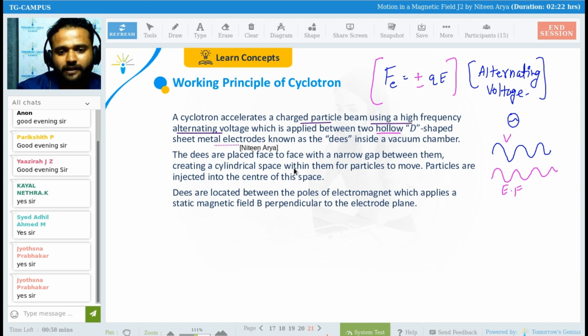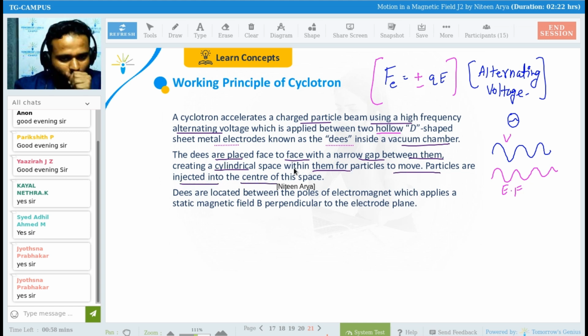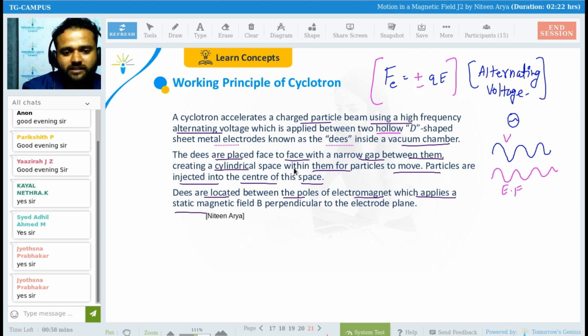D-shaped sheet metal electrodes known as Ds are placed inside a vacuum chamber, face to face with a narrow gap between them, creating a cylindrical space within them for particles to move. Particles are injected into the center of this space. These are located between the two poles of an electromagnet, which applies a static magnetic field perpendicular to the electrode plane.